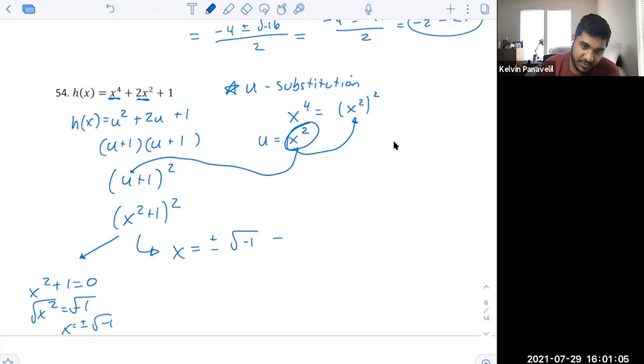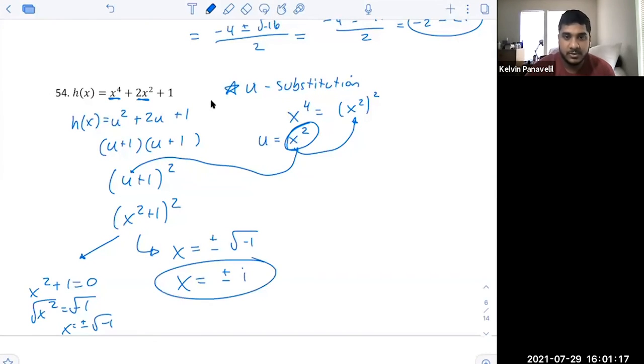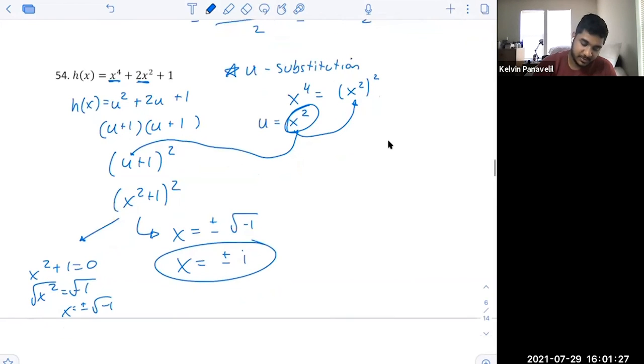It's just going to be i. We just talked about that, right? So it's going to be x equals plus or minus i. Okay. So the plus or minus i has a multiplicity of 2. Okay, just remember that, multiplicity of 2.